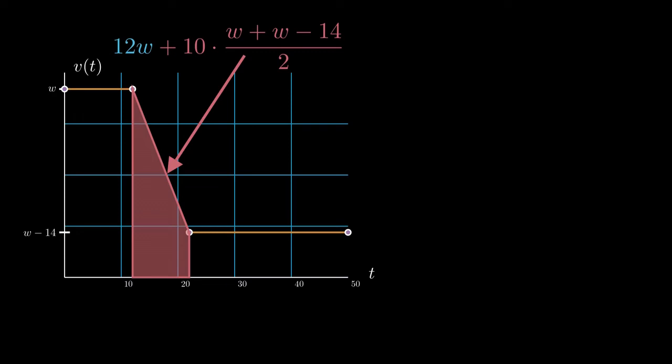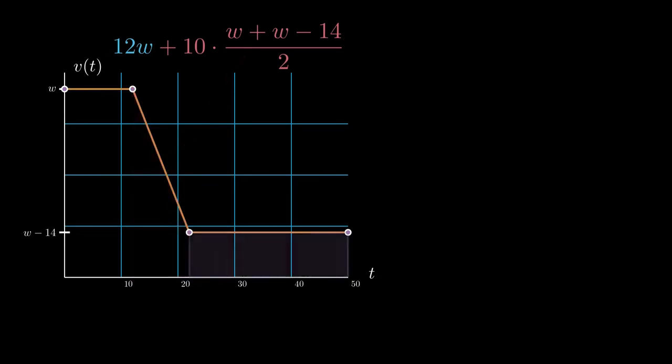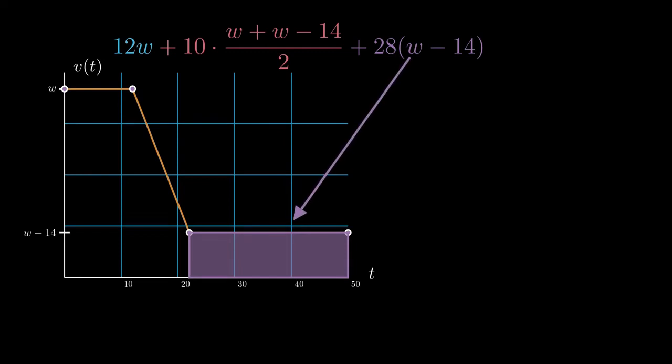We divide by 2. This is just the area of a trapezoid. All right. And then we have a rectangle, and the width of the rectangle is from 22 to 50, so 28, and the height is w minus 14. We just read that from the y-axis. All right, that's it.